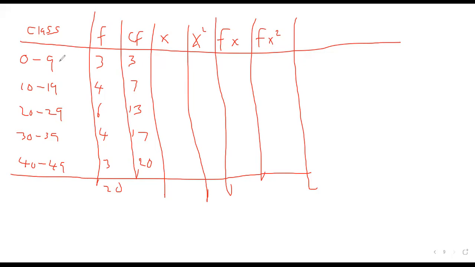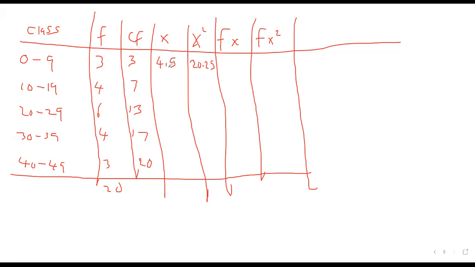And the midpoint is simply the lower bound plus the upper bound divided by 2. So 0 plus 9, 9 divided by 2, 4.5. 4.5, when you square it, 20.25. You multiply 4.5 by 3 and 20.25 by 3 to get the last two columns.